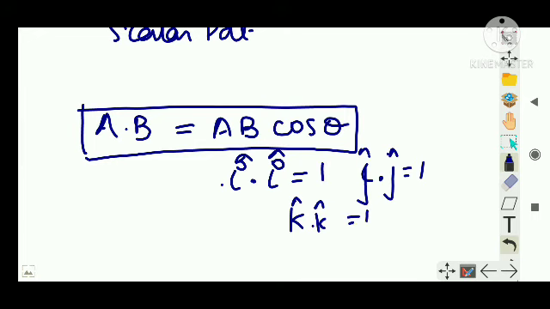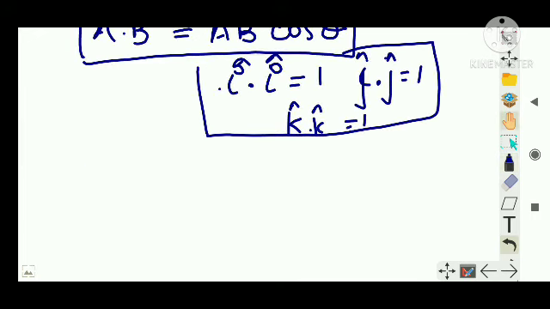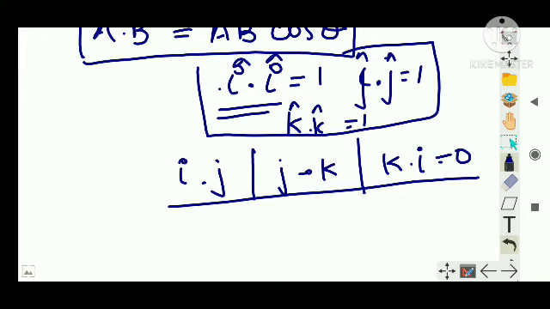Similarly, if I take the dot product of i with j, j with k, or k with i, every result is 0. You can only dot product common terms. i can be dotted with i only, j with j only, k with k only. Keep that in mind, guys.